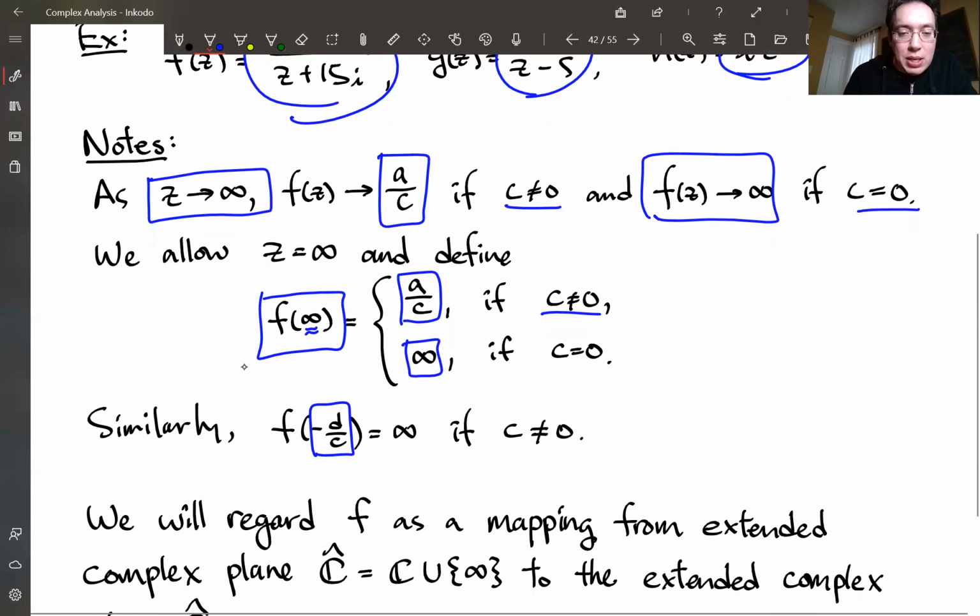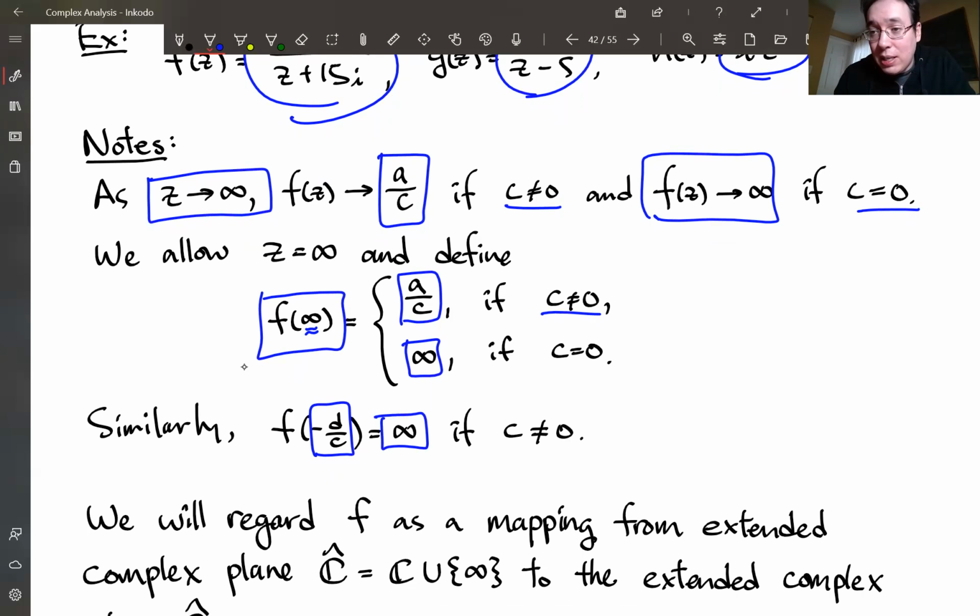And in that case, we're going to set the output of this function to be infinity. So what this allows us to do is to treat infinity just like any other complex number. You can plug it into this Möbius transformation and get an output, or you can plug in certain complex numbers and get infinity as an output.